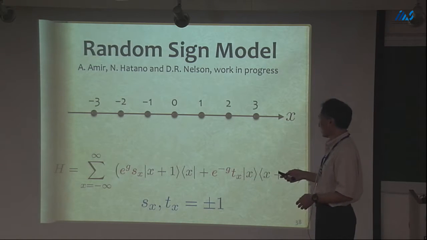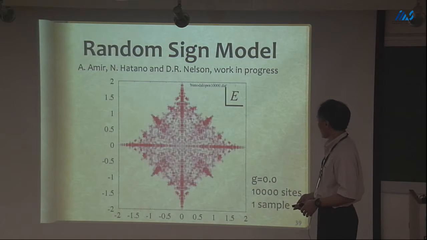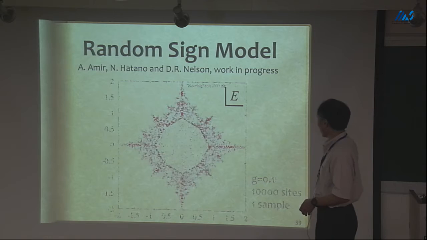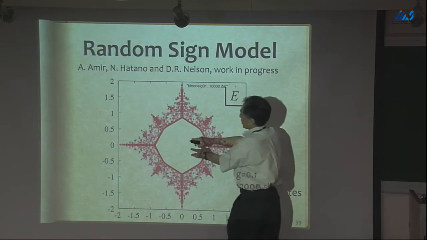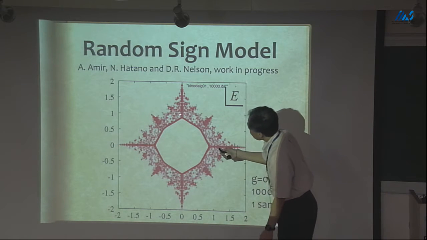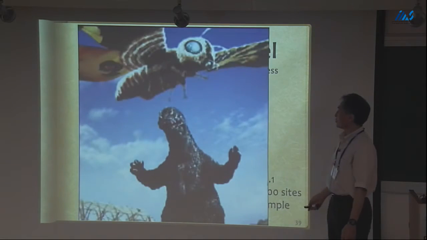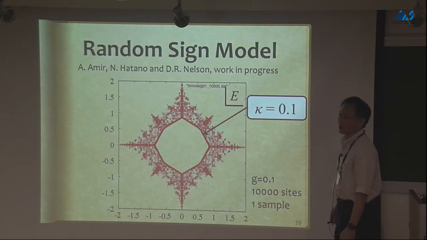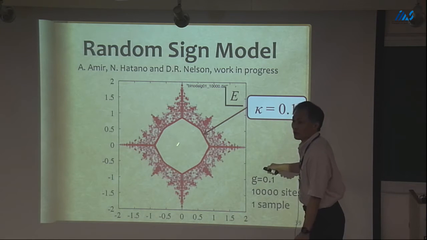When G equals 0.0 it looks like this, but if I apply G of 0.1, then this opens up like this, and this curve is the contour of kappa equals 0.1. So that's why they become delocalized.